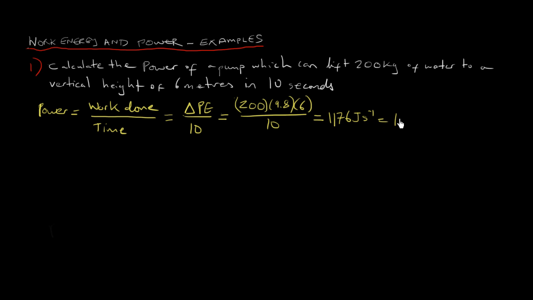And to three significant figures, this would be 1180 watts. So that's how much energy it does every second, or how much potential energy it gives the water every second, or how much work the pump is doing. That would be the answer of our question.